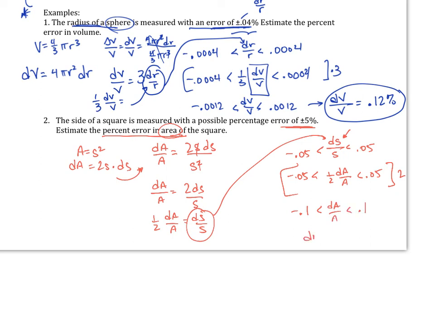So that means the change in area over area, that error analysis is plus or minus 0.01, which gives me dA over A as plus or minus 1%. And I'll give you a hint what we're doing here. You could take a look, see this 2, see how we multiply, see this 2, see how we multiply, see this 2. Okay, anyway, so that's just a hint on the patterns that you see within these.